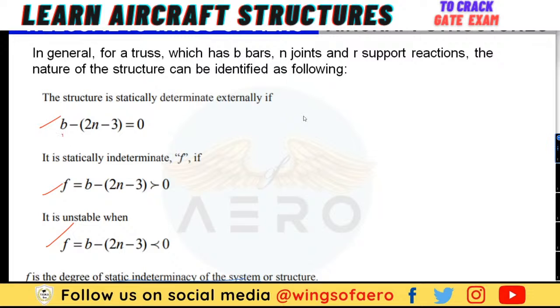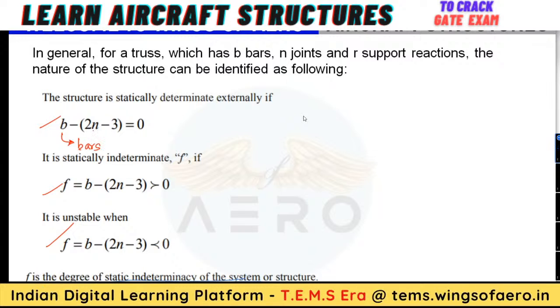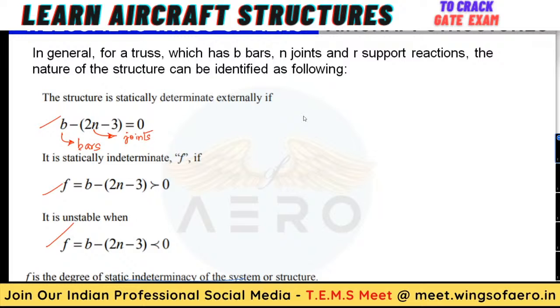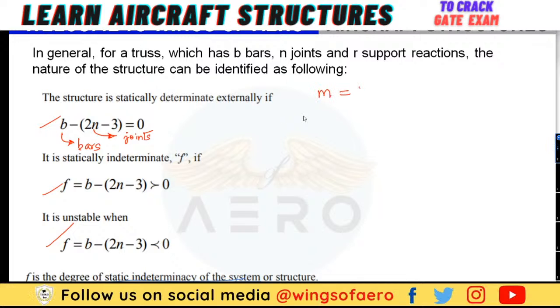Now m represents the number of members or the number of bars that we have in any section. n represents the number of joints, and this formula has been derived from the same thing we have seen: m equals 2j minus 3.